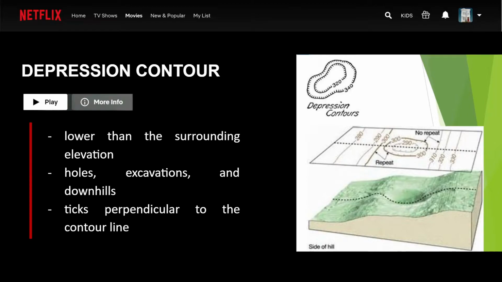As you can see in the picture on the right, the depression contour appears when there is an area in the map which is lower than surrounding elevation, and it can be symbolized as you can see in the top left corner in the right image. It is symbolized as ticks perpendicular to the contour line. And it is also noted that the depression contour, as you go to the center, the elevation lowers.